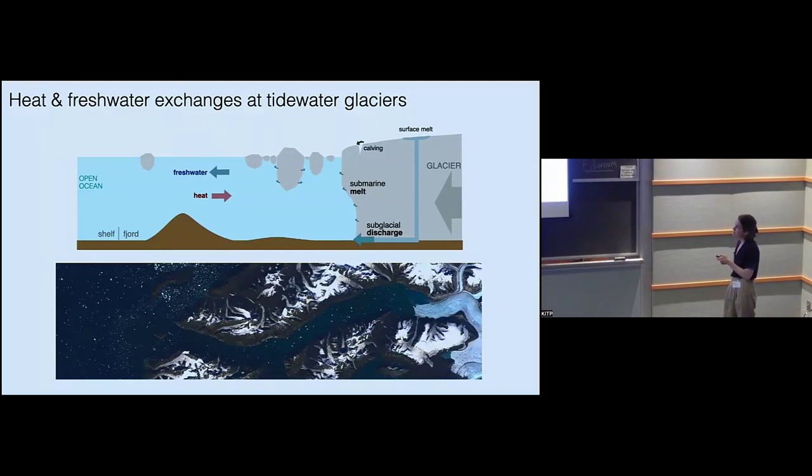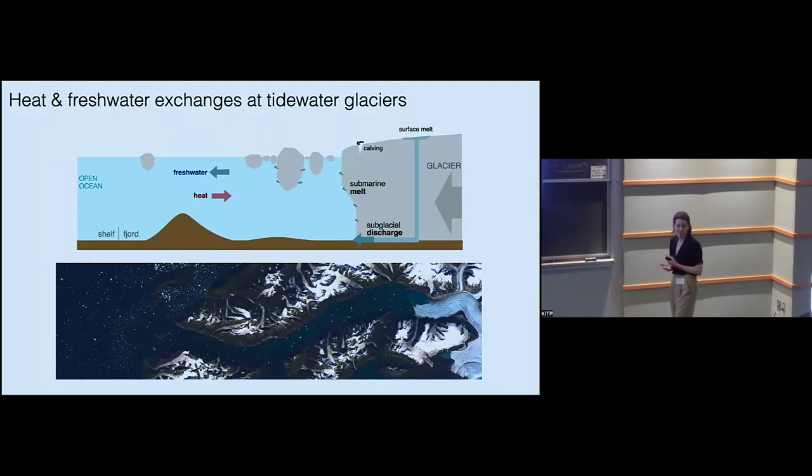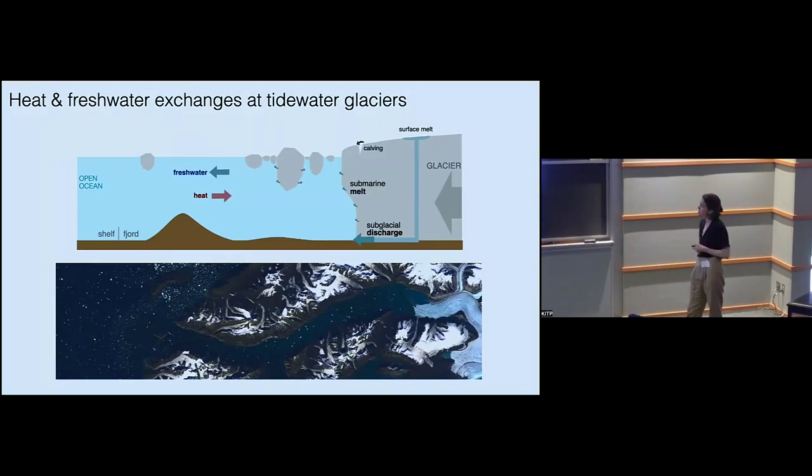I'm going to call it submarine melt, referring to the melt where the ice is directly melting into the ocean, which of course takes heat from the ocean to drive that melting, and then subglacial discharge, which is freshwater primarily formed at the surface of the glacier that drains to the bed and enters the ocean like a river, but well below the surface. Okay, and so you have these exchanges of heat from the ocean to drive melting, and these two sources of freshwater coming into the ocean.